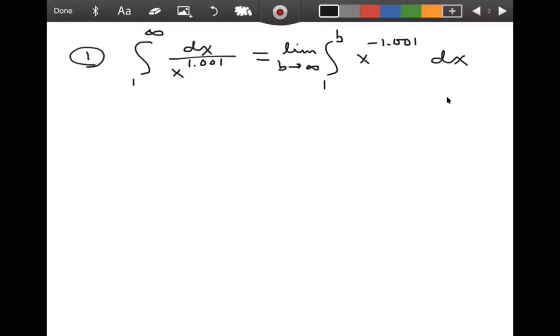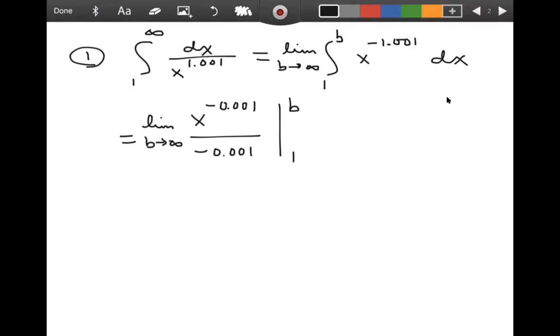All right, so by the backwards power rule, the antiderivative for x to the negative 1.001 is x to the negative 0.001 divided by negative 0.001. And again, we're going to eventually let b increase without bound.